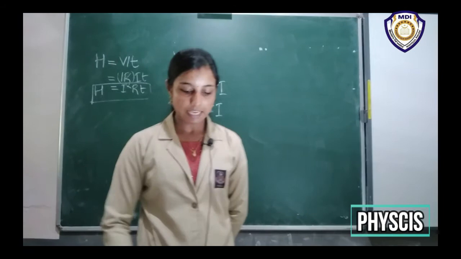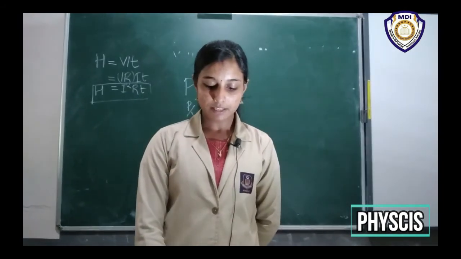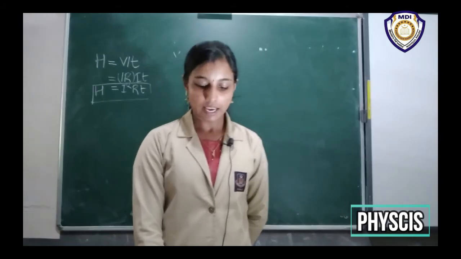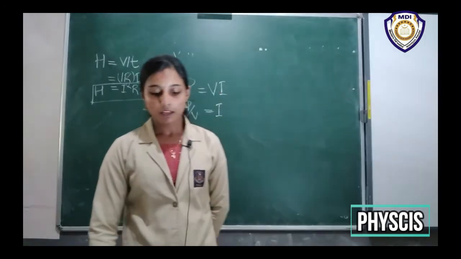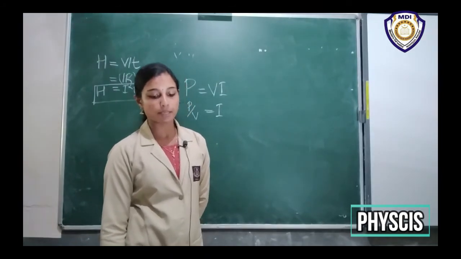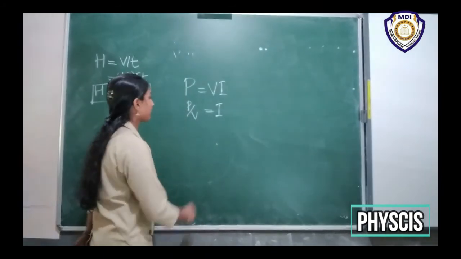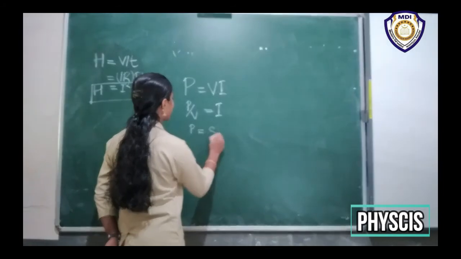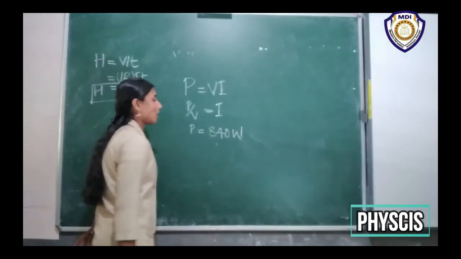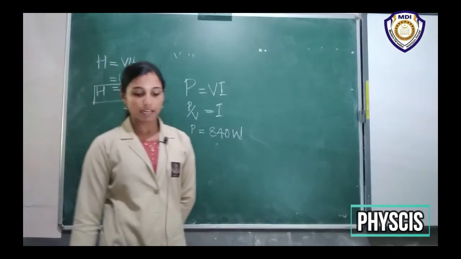And when heating is at maximum rate, what is the power? An electric iron consumes energy at a rate of 840 watt when the heating is at maximum rate. Okay, so P is equal to 840 watt when heating is maximum, right?